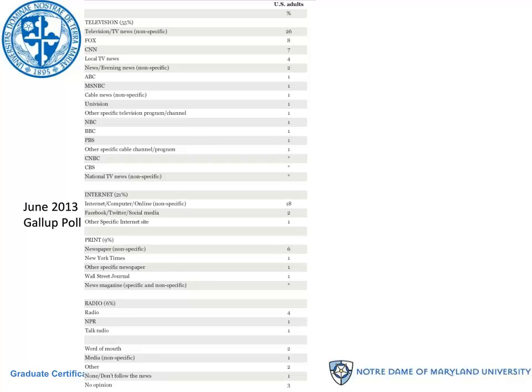Radio provides 6% of the news, and word of mouth and non-specific media account for another 3%. So if you rely on one media source, you are bound to miss a large number of people. To be effective, to have impact and influence, you have to use multiple channels. So let's have a look at some of these channel choices that are available.